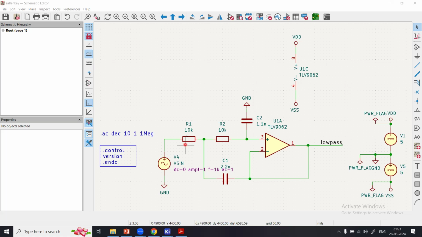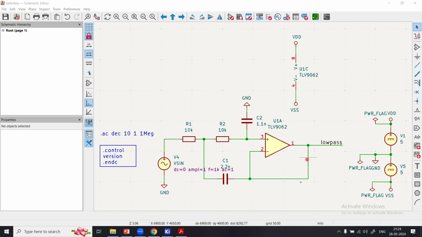Yes, we see that there are two resistors in series, and at the junction we are connecting this capacitor. One end of the capacitor is at the junction of the two resistors, and the other end of this capacitor is connected to the output. So essentially, it is connected to the negative pin, and the negative pin is connected to the output.